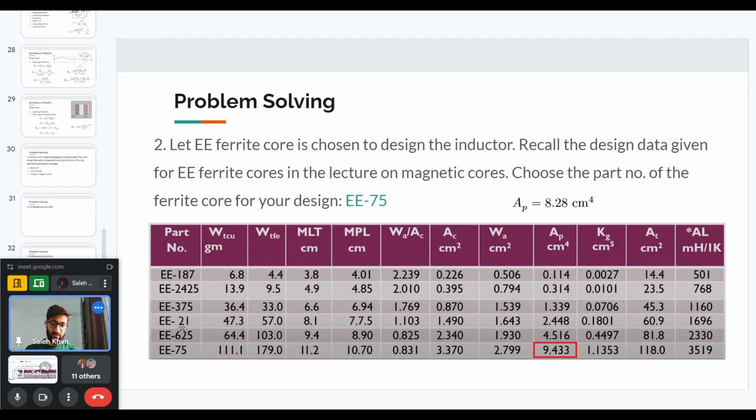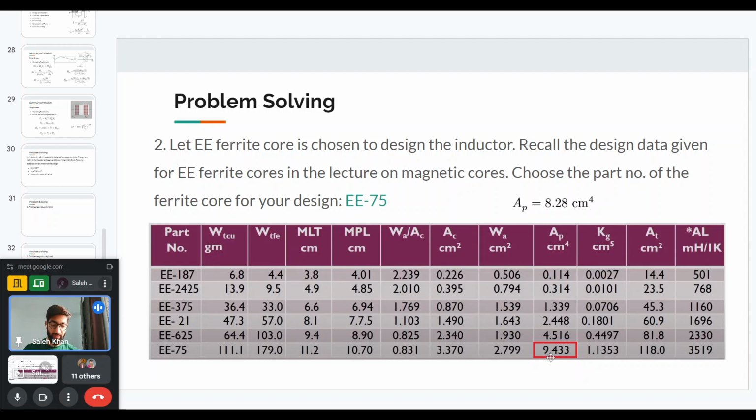Before this, the core was EE625, but its area product is only 4.5, also in centimeter to the fourth power, so the unit is the same. But 4.5 is less than 8.28, so this core is not sufficient.